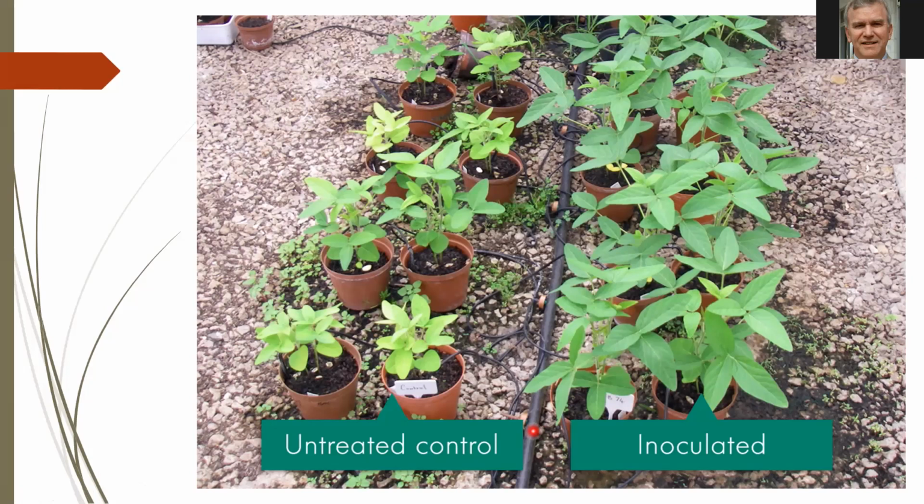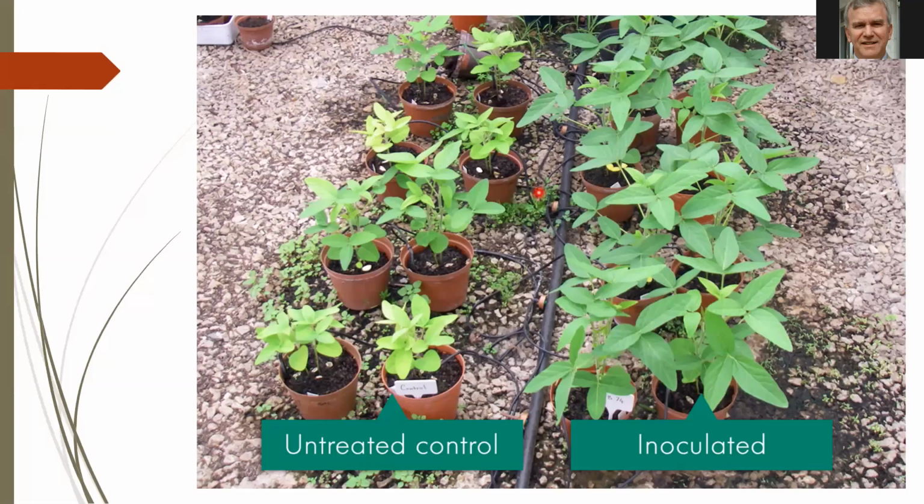the plant's performance will respond. This is a pot study that attempts to illustrate the plant response to seeds that have been inoculated versus seeds that were not inoculated. And you can see in this case, the plant response is quite profound. So there is agronomic value. There is economic value in farm management in utilizing the application of microbiology, in this case, rhizobia, in order to capture nitrogen from the atmosphere and deliver it to the plant itself.